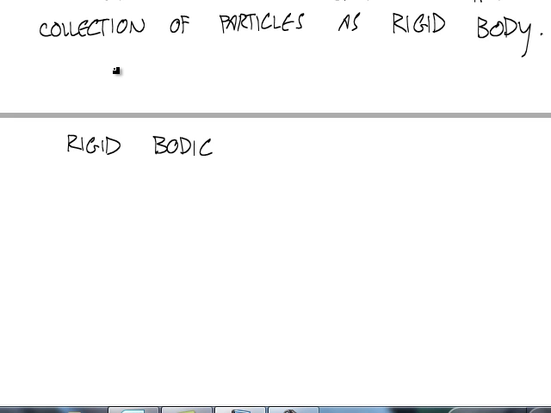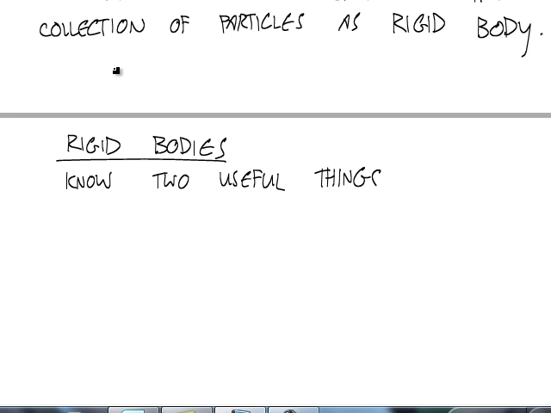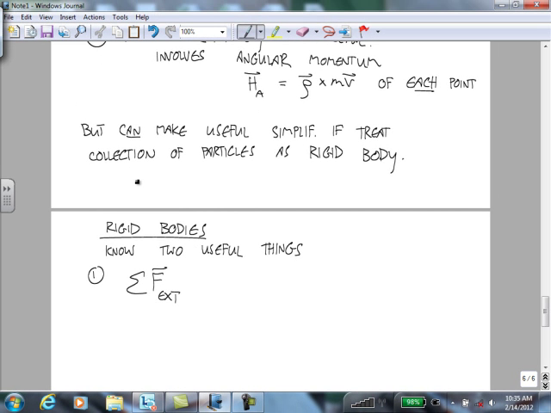Okay, so with rigid bodies, and now we're done talking about deformable general collections of particles. With rigid bodies, you know two things. First, you know that the sum of the external forces is equal to the mass of the rigid body times the acceleration of its center of mass.